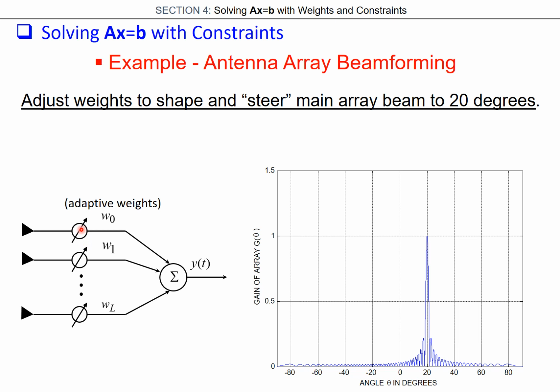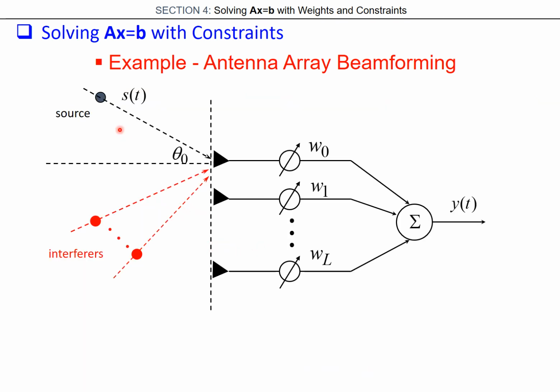In the old days, the way you do it is you'd have to physically move the antenna array around. But with signal processing, you can do this by just simply changing the weights. Now, what happens if we have a source coming in and we have interferers?